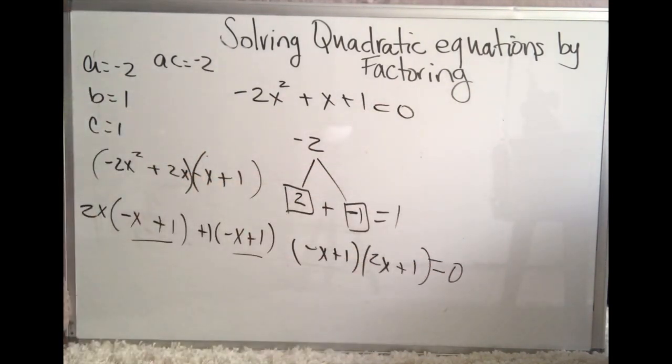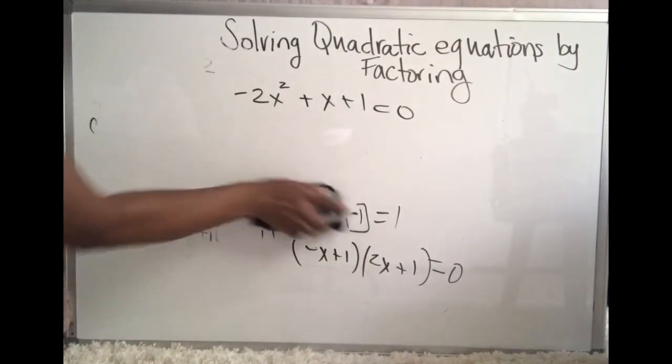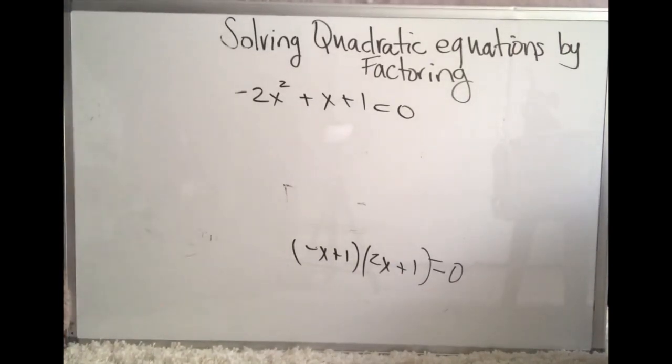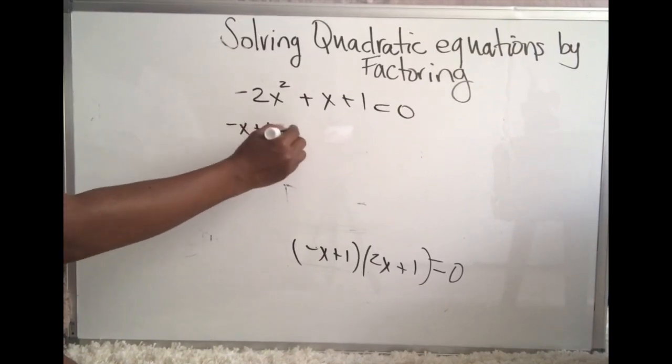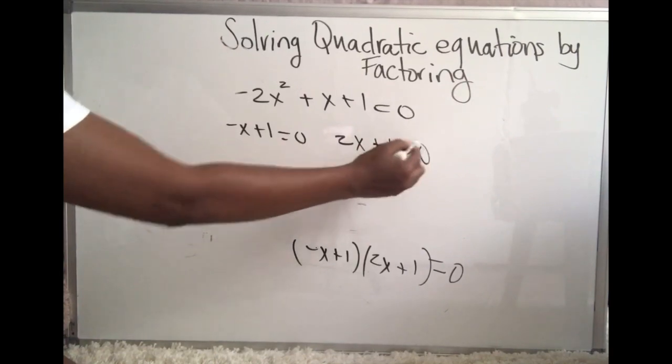So I'm going to rewrite this so we can solve our equation. So we have negative x plus 1 equals 0, and we have 2x plus 1 equals 0.